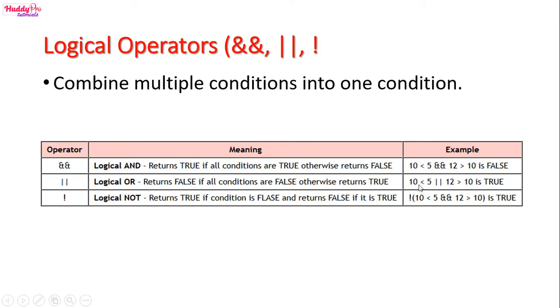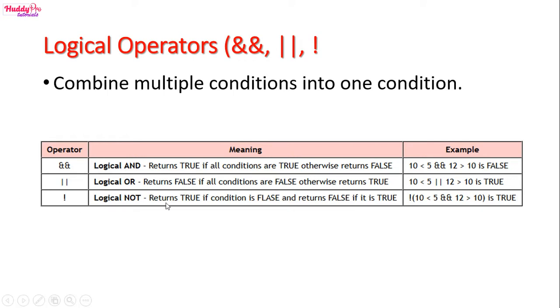Now when we say no or yes, we get yes, because for the logical OR, if this condition, 10 less than 5, is false and the other condition is true, we return true. As long as one of the conditions that we are comparing is true, the final result will be true.